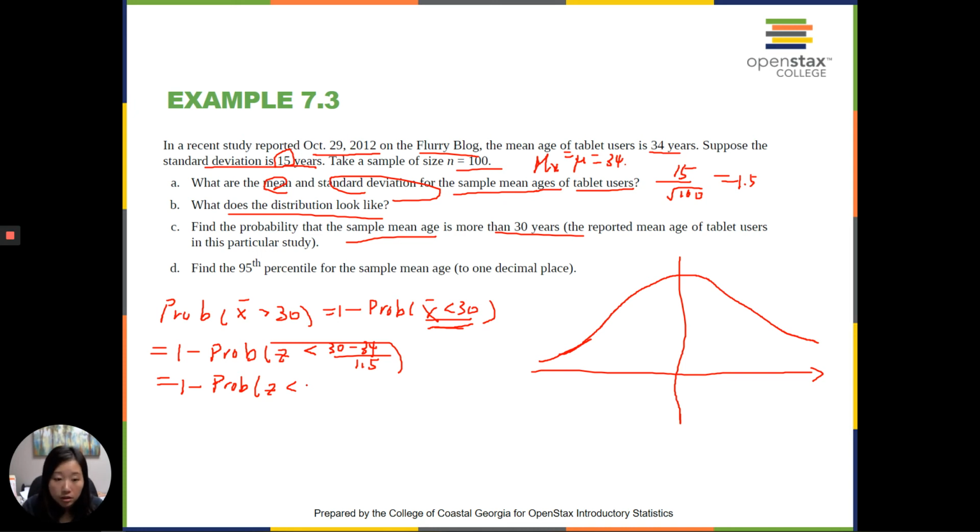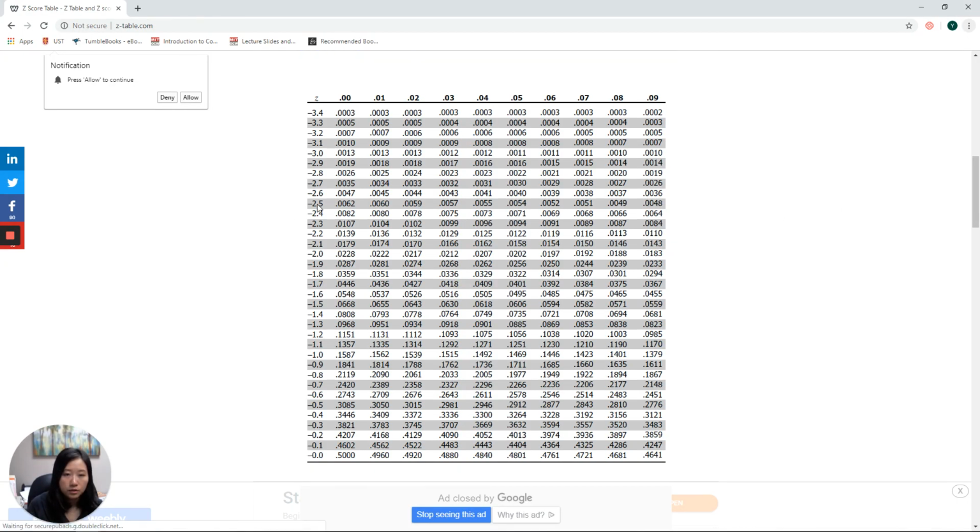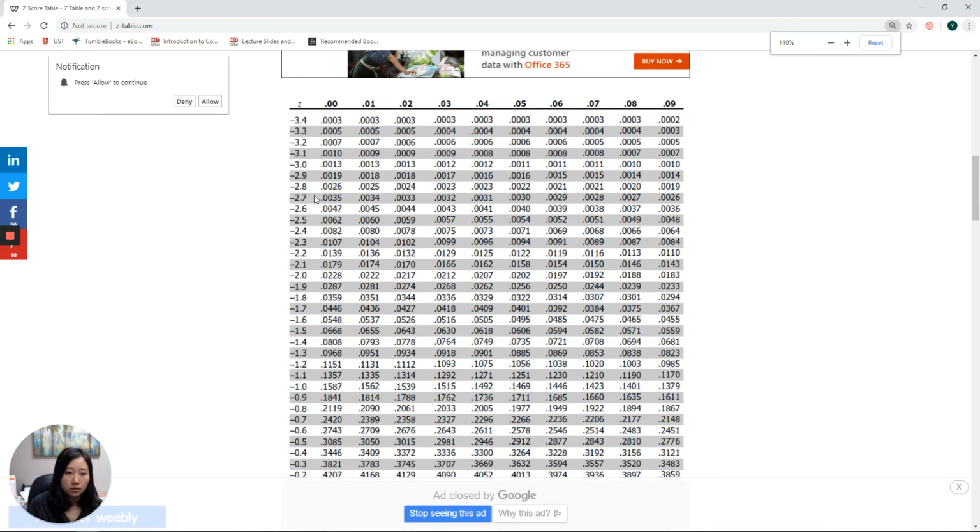Same probability is equal to the probability that the z-score is less than negative 4 divided by 1.5, which is negative 2.6667. Right, so coming back to the table, negative 2.6, hope you can see it. All right, so negative 2.6667 is somewhere between 0.0039 and 0.0038.